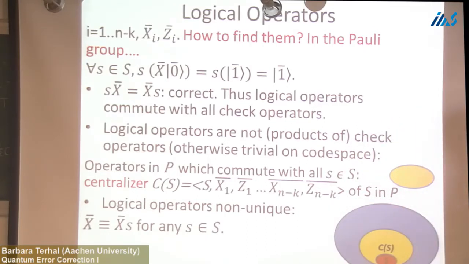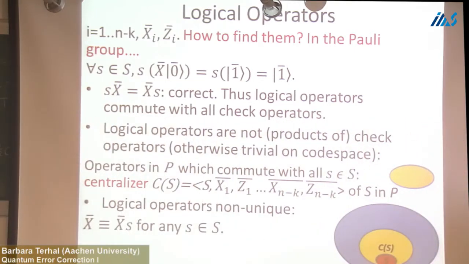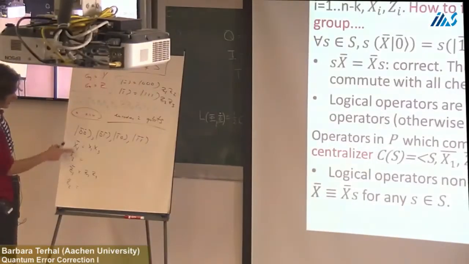Okay, so that's the basic code structure. For this code, we could look at what the logical operators are. Of course, we are free to choose these things. So this is, say, Z1. This has to anti-commute, so Z1, Z4. So these anti-commute.